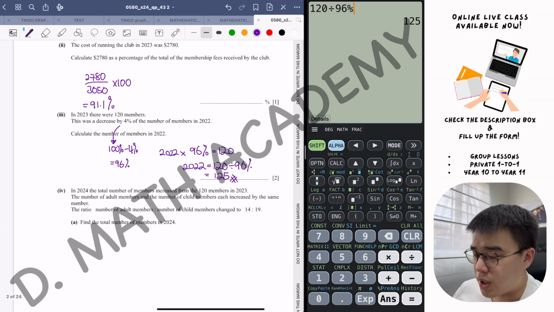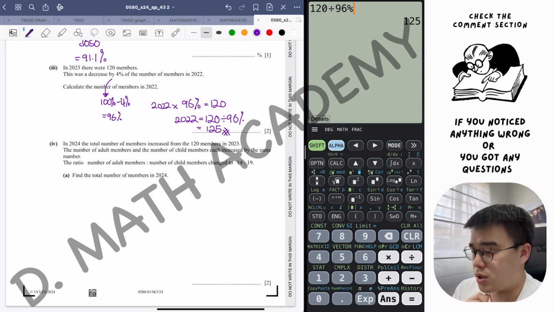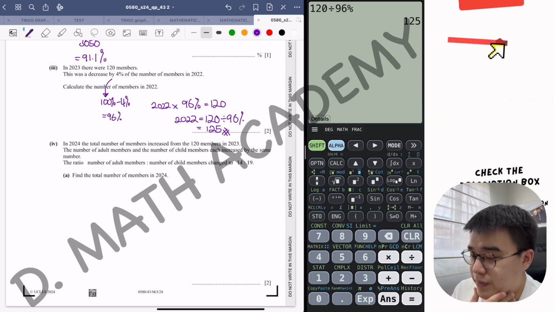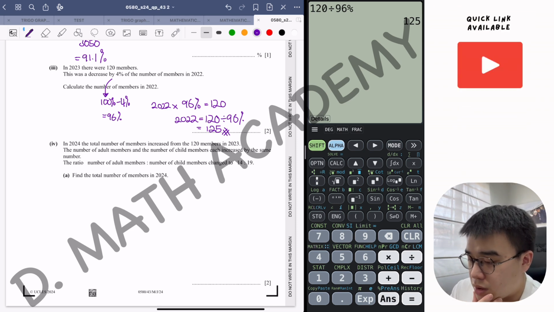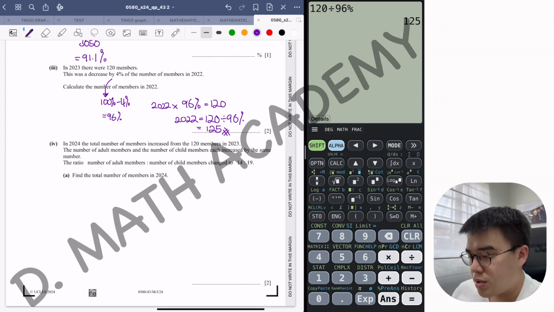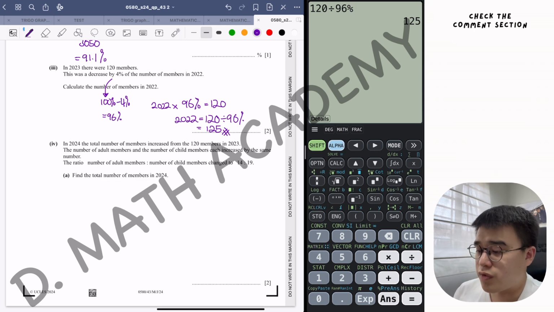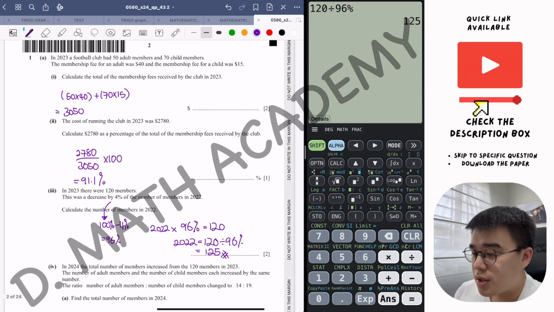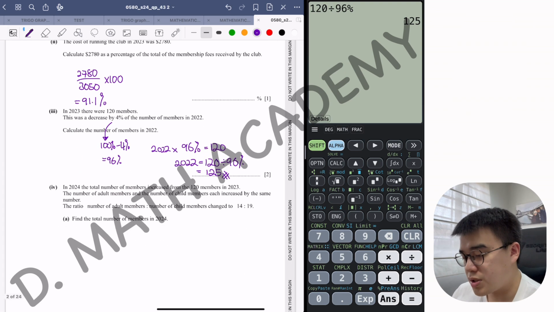Then we move on to part 4, where we were given this question here. In 2024, the total number of members increased from 120. The numbers of children and adults increased by the same amount. Interesting. Maybe it's related to the question from the front, so I have to look back. It was 50 and 70 at first.